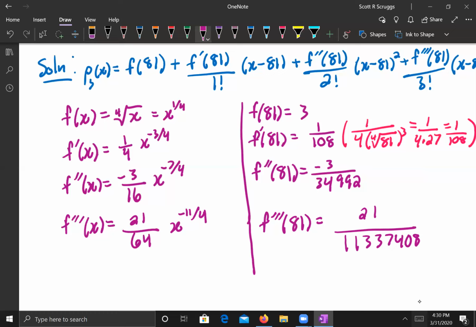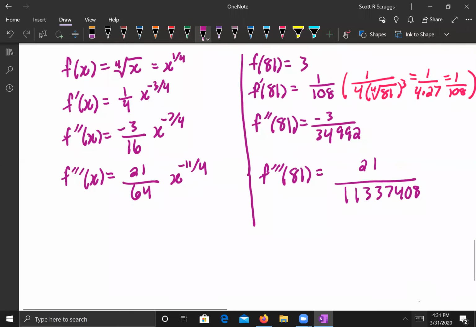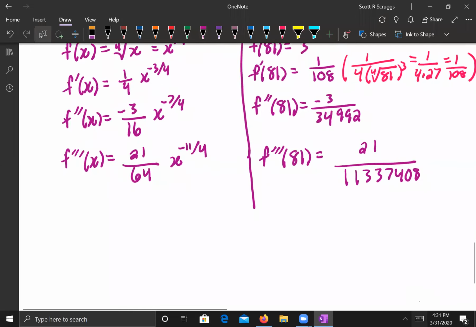So I don't think we should have that negative sign there.